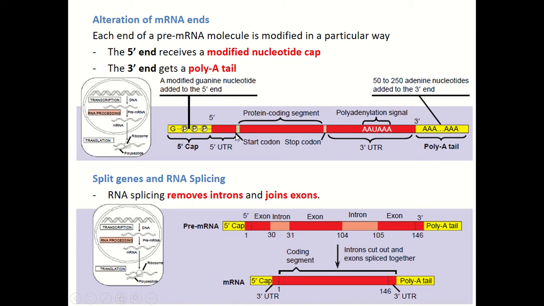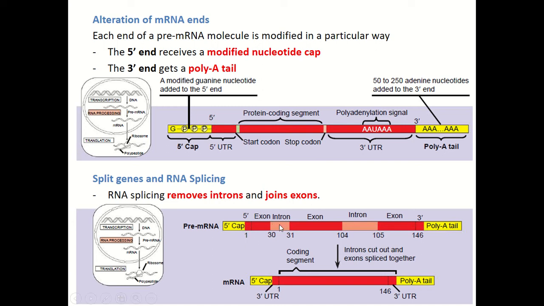Okay. After that, remember, the pre-mRNA includes exon, the red color here, and also intron parts. Exon is the part that contains the genetic code that will be used to translate the specific protein later.